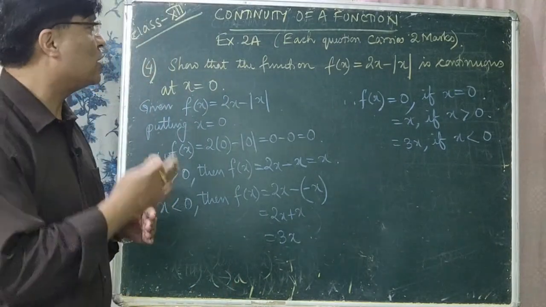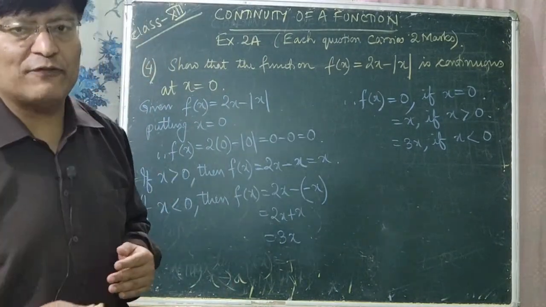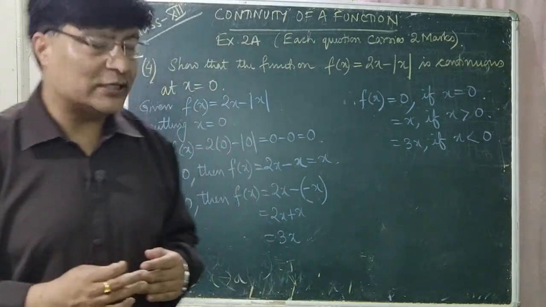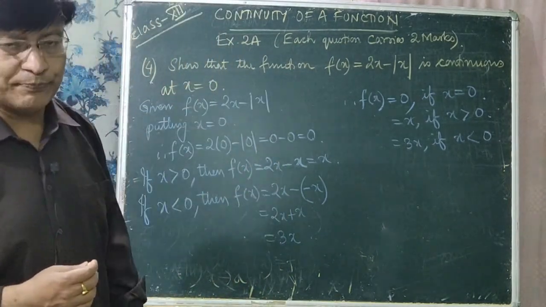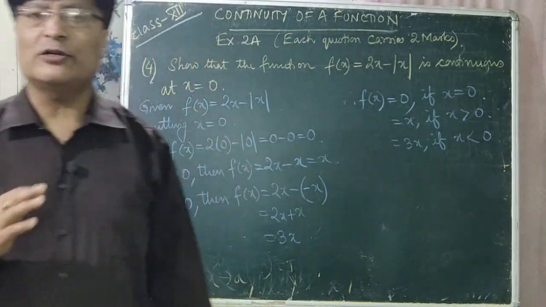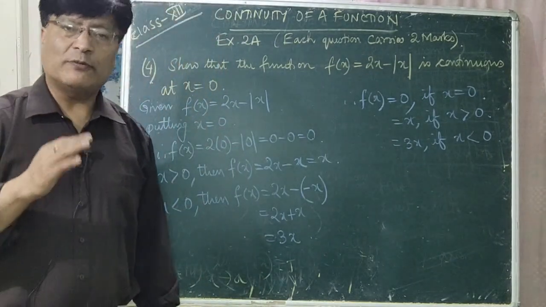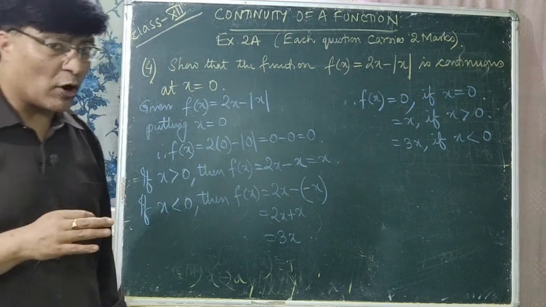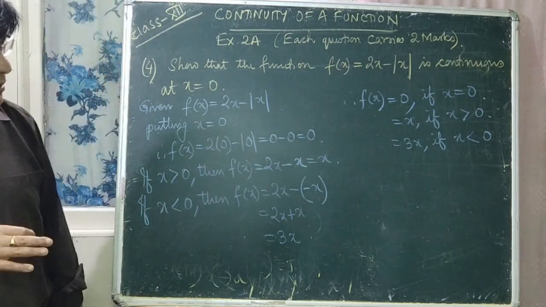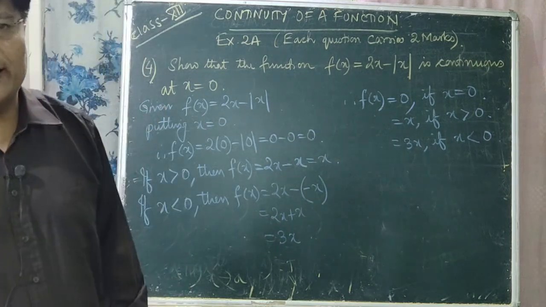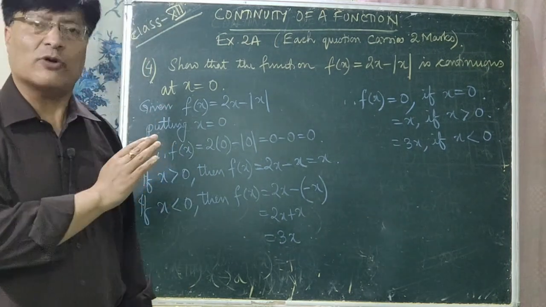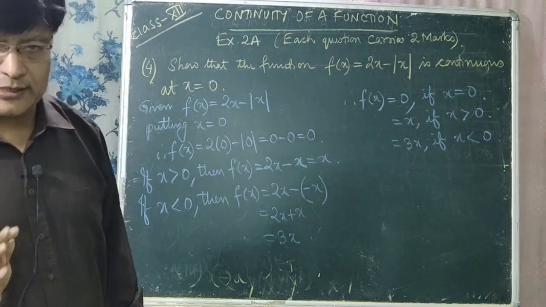So now you can check whether the function f of x is continuous or discontinuous at the given value x is equal to 0. In order to check the continuity of the function f of x, you have to find out the right hand limit at the given point, left hand limit at the given point, and the value of the function at that given point. If all these three are equal, then only it is continuous, otherwise it is discontinuous.